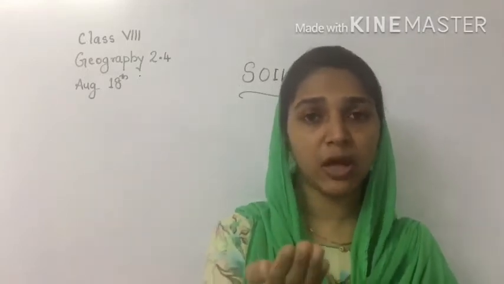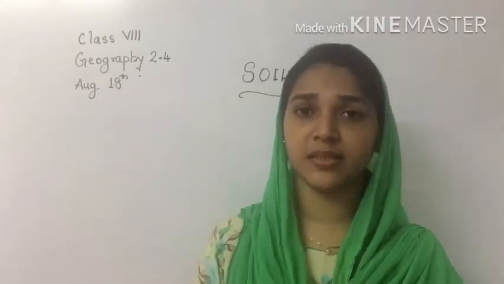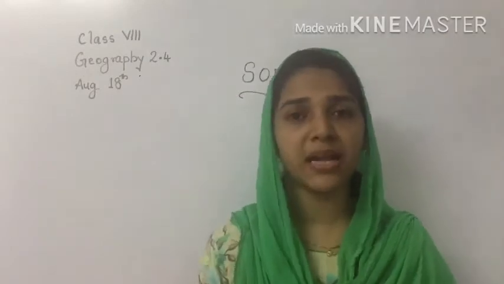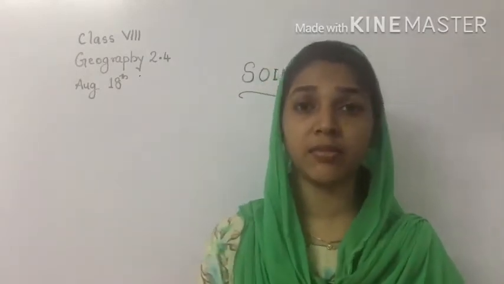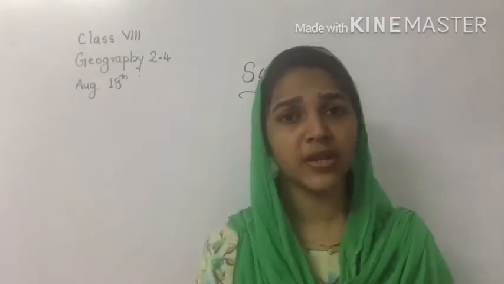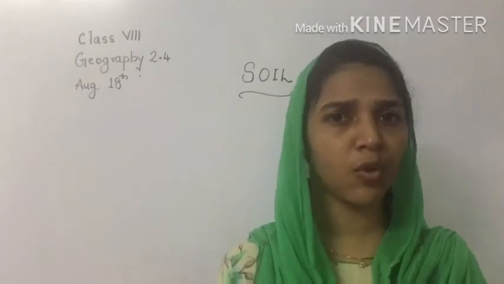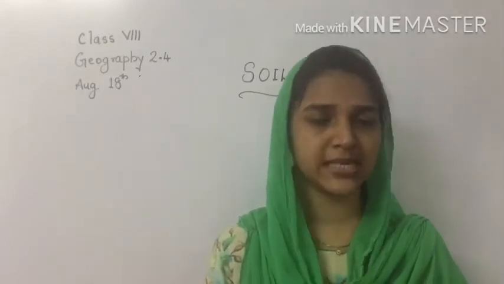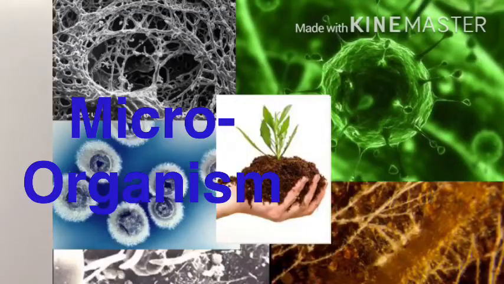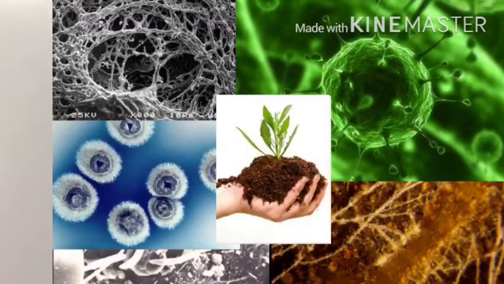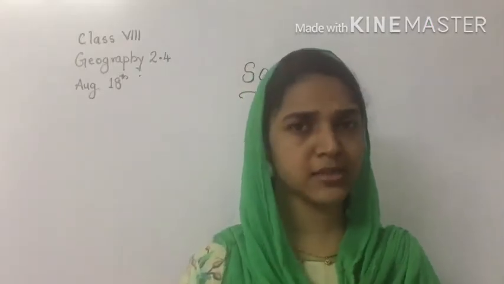If we take a handful of soil and watch it carefully, we can see many things in it, such as small particles of rocks, organisms, microorganisms, humus, nutrients, etc. What are microorganisms? Microorganisms are like bacteria, fungi, earthworms, etc. And what is humus?